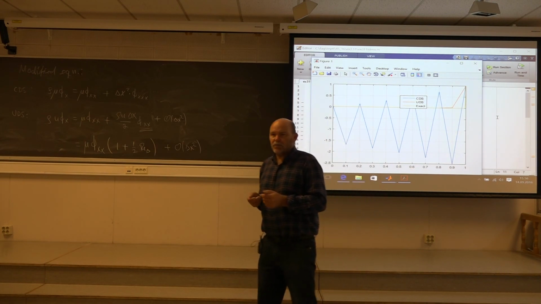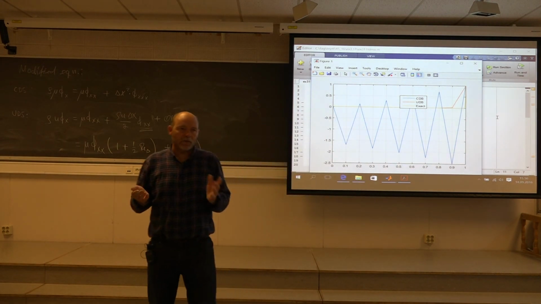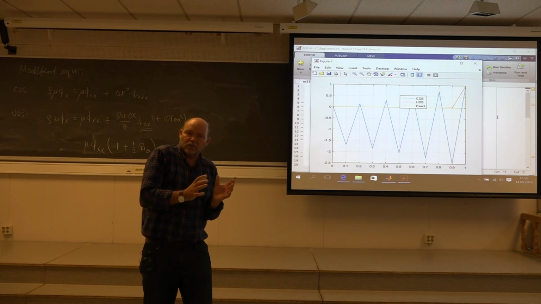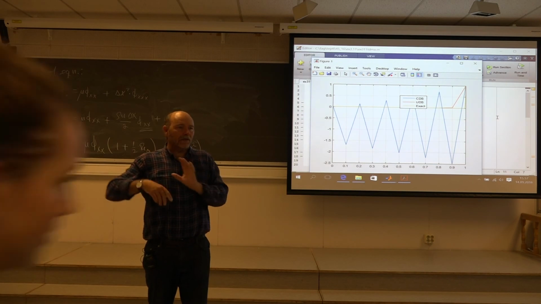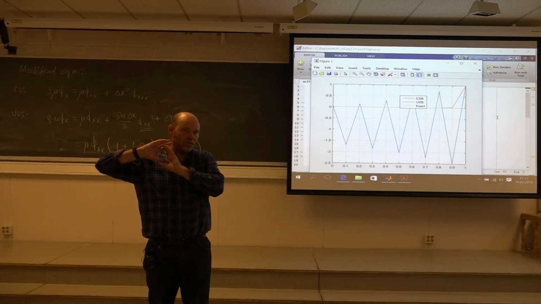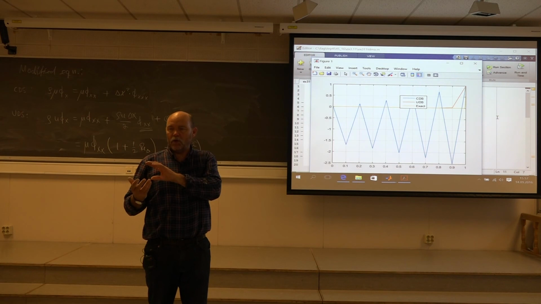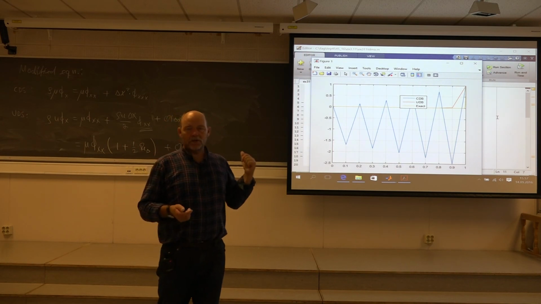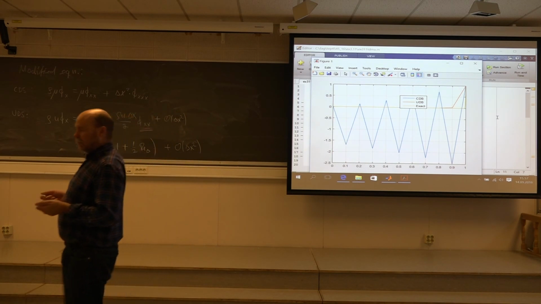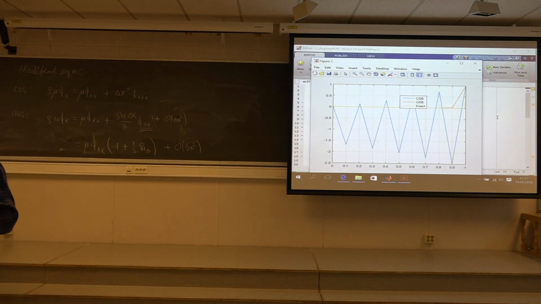But at least we have something to start with. When we have received that solution first, which is easy to get and stable, then we can switch our scheme into more advanced schemes and hopefully get a better and more accurate solution later. But we could use it as a simple starting point. That's the idea with the first order upwind scheme. That's how we are going to play around with it.